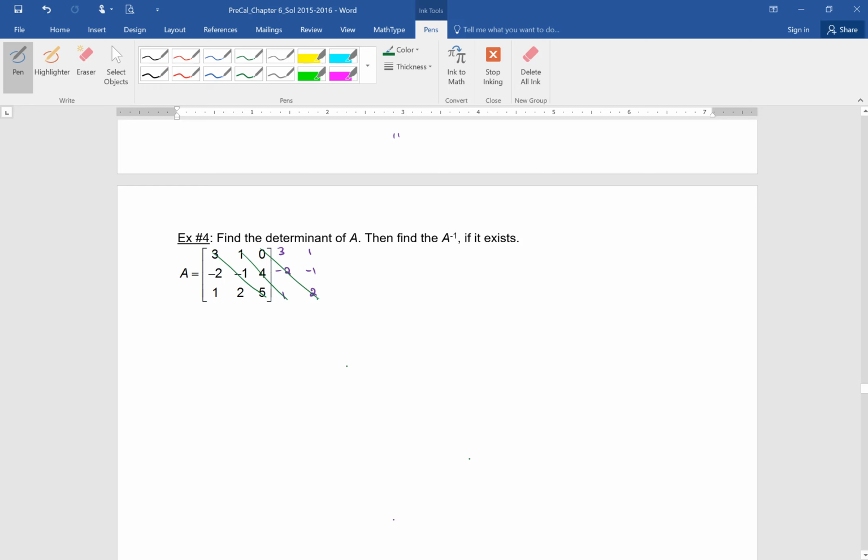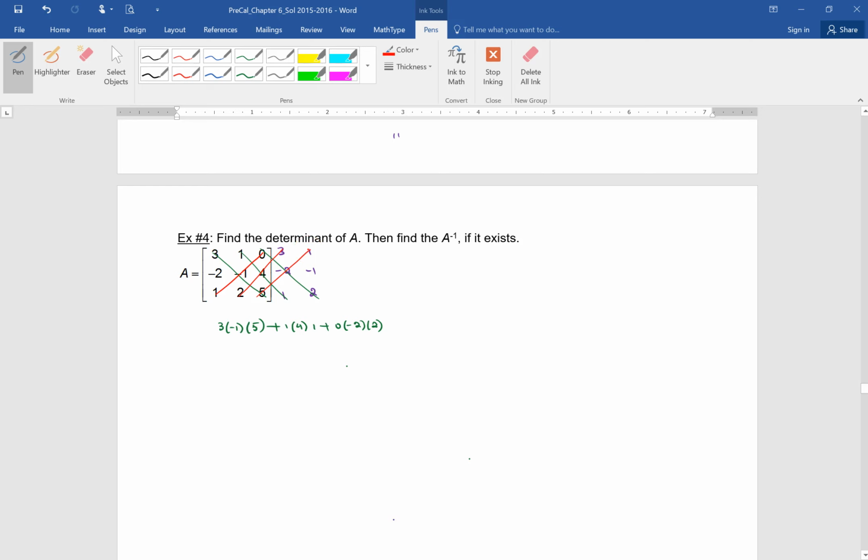Now we're just going to multiply the ones on the first diagonal. 3 times minus 1 times 5, plus 1 times 4 times 1, plus 0 times negative 2 times 2. Now I'm going to go in the opposite direction. I got 3 diagonals, 1, 2, 3. Each of these are going to be subtracted.